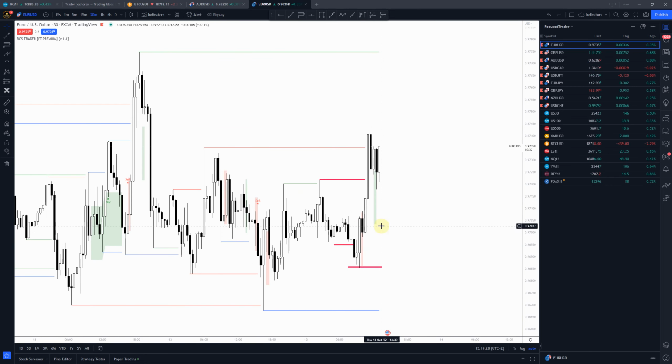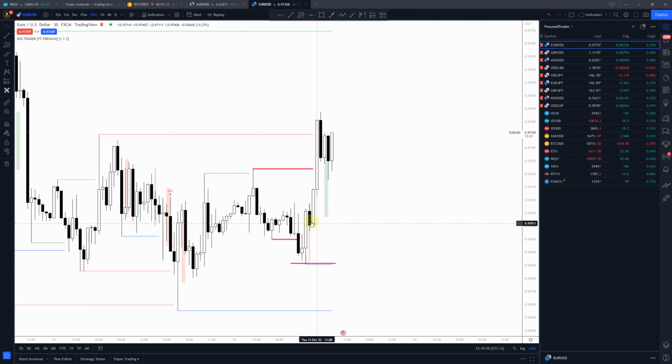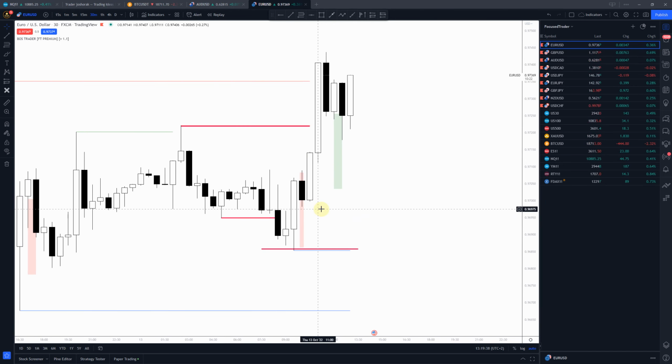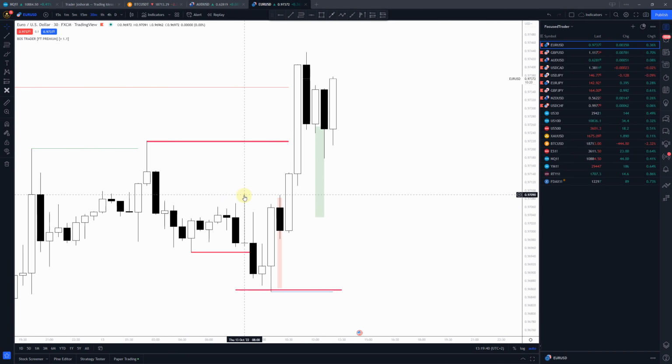There is one small thing that I just want to mention, because of the composition of a 30-minute candle, for example. As you can see, this candle has not marked liquidity here, because 1, 2, 3, 4 bars on the right are smaller.